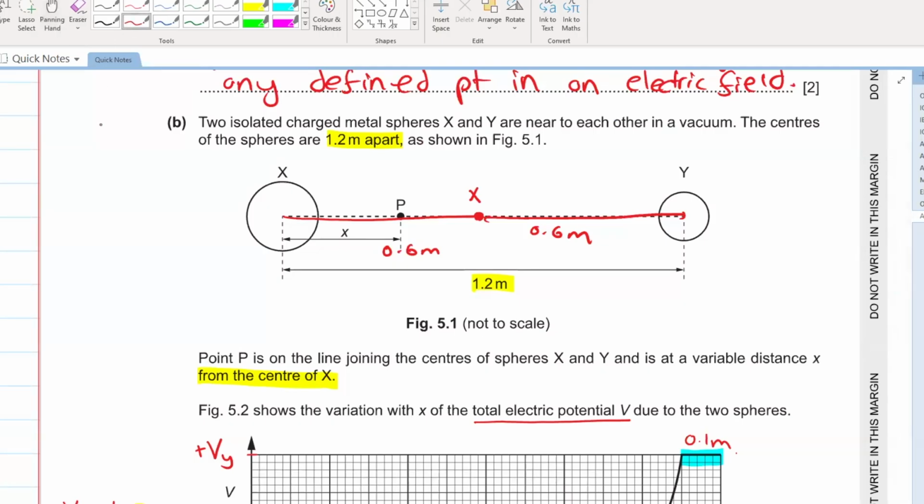We don't call it x because we already have a spare named x.